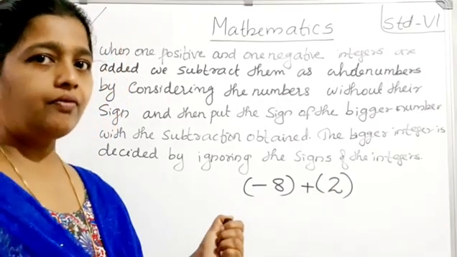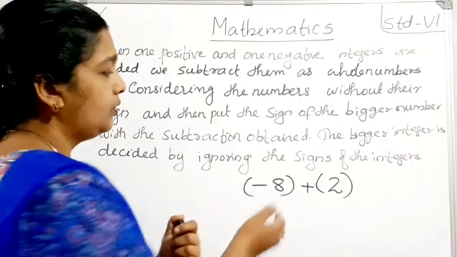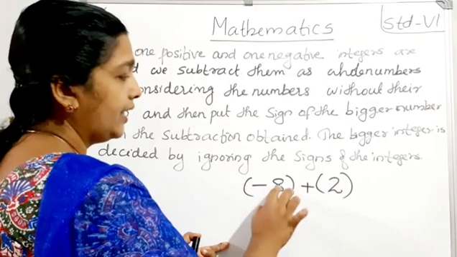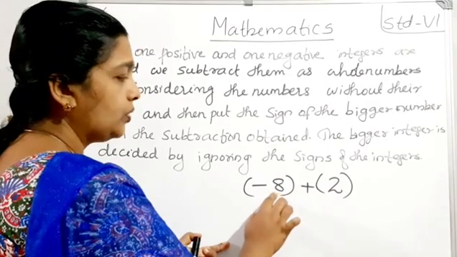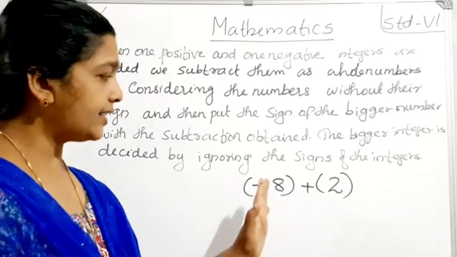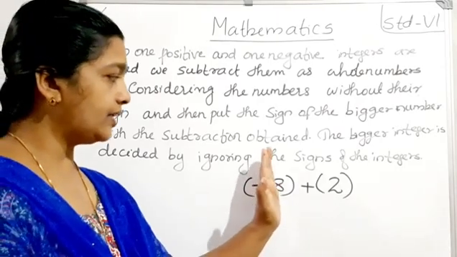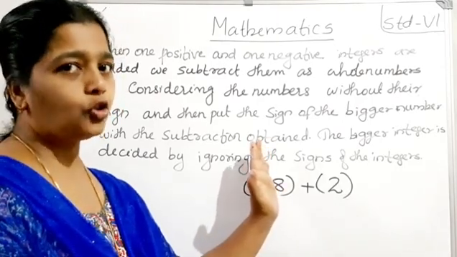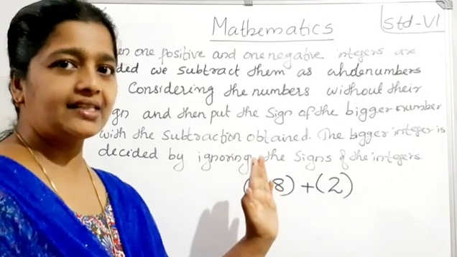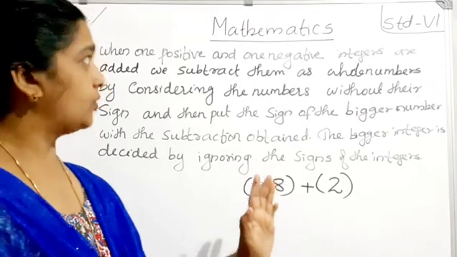Very simple. First, you don't want to look at the signs. First you check which is the greatest number. Avoid the sign. 8 and 2, which is greatest? 8. Understand?